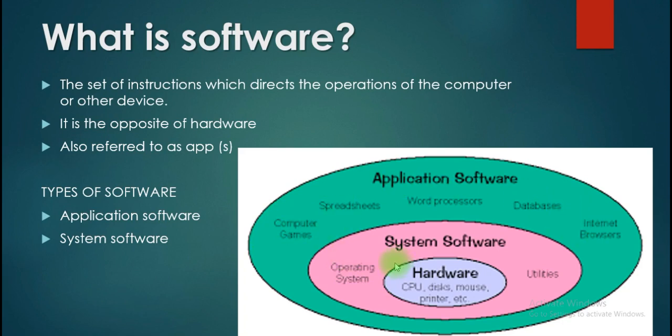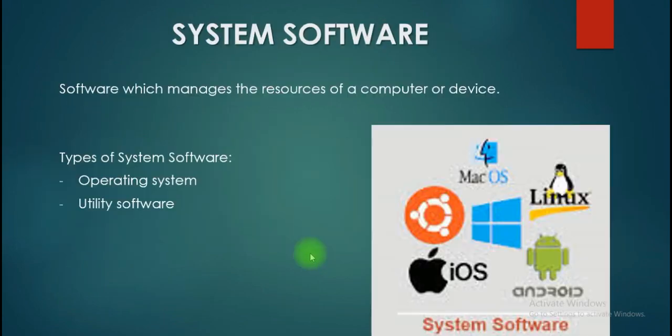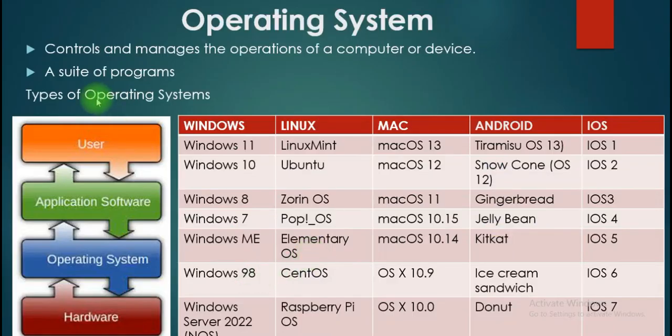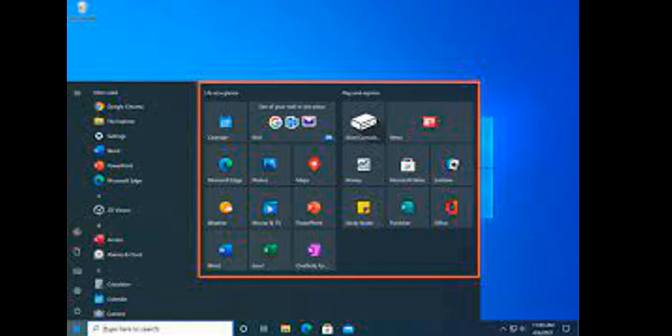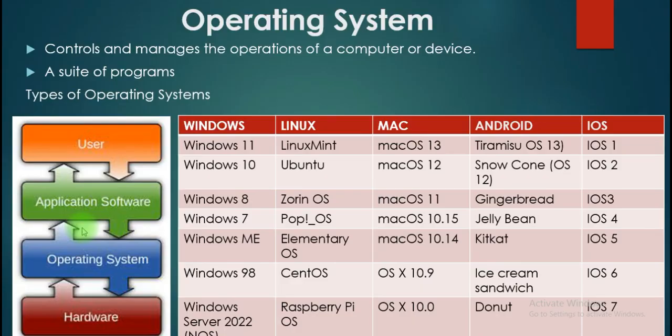All right, now let's come back to this current slide. It is a suite of programs, which means that you have multiple software bundled in the operating system. And as you can see here, this is somewhat similar to the image on the first slide that I showed you.